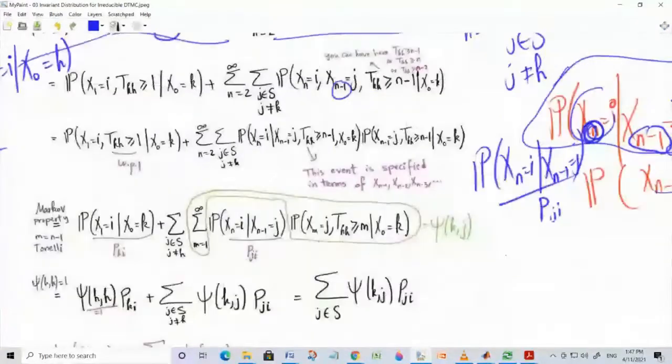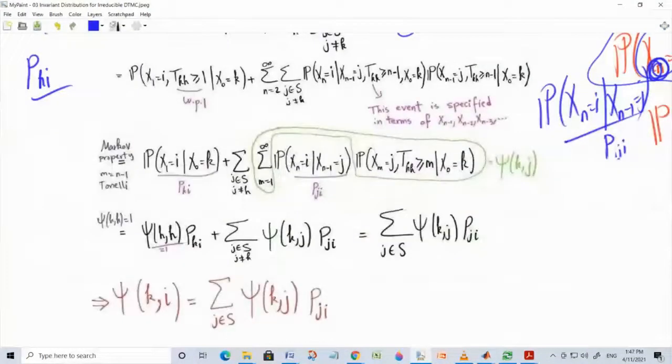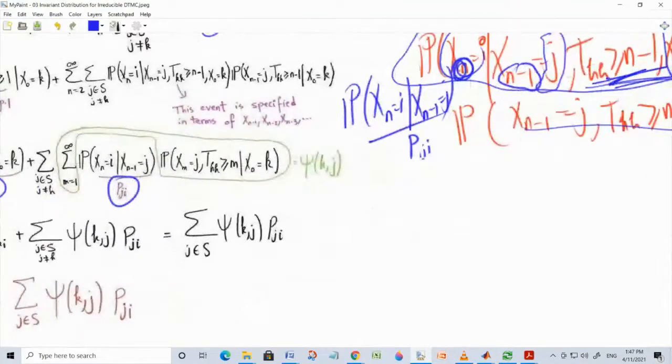So what we did is that, again, the first term is the probability b_ki. Now the second term, we write it in terms of b_ji, and then there is a summation. Let's do it in slow motion.